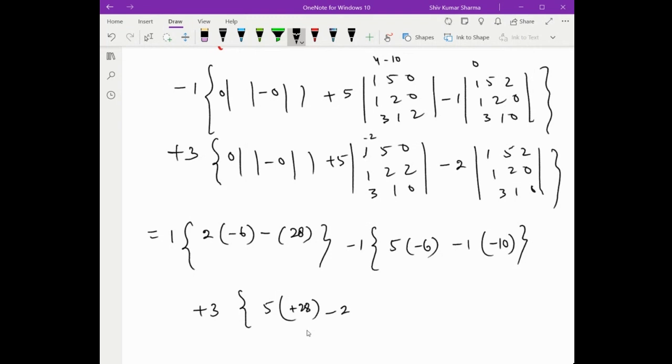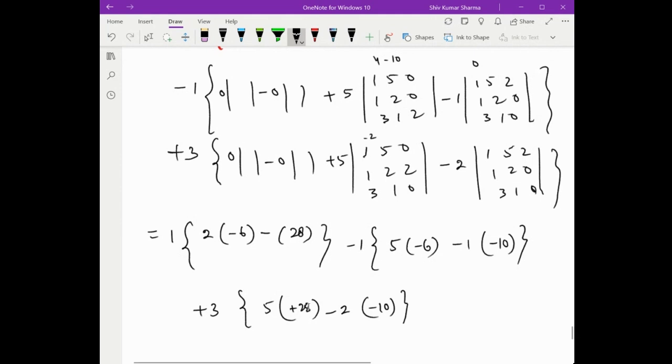28 and minus 2. So for minus 2, that means this one. For 1, 0, and for 5, 0, 0, for 2, 1, 1 minus 6, so minus 5 to the 10.